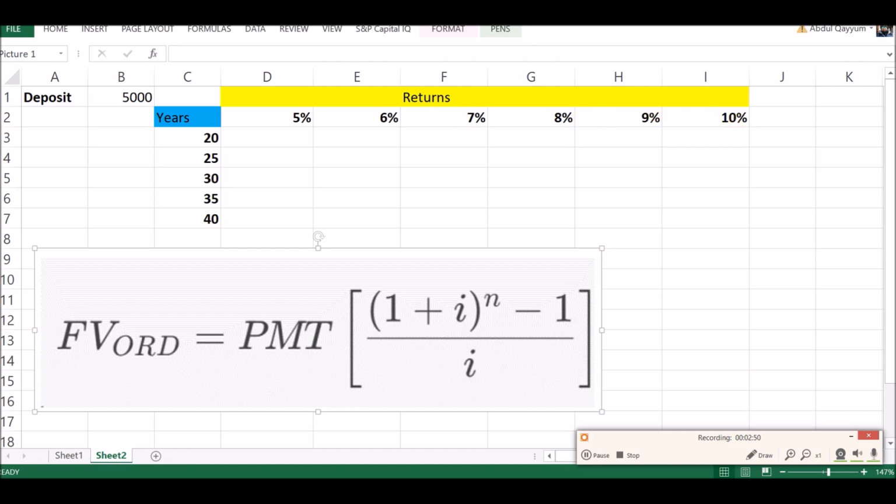And these are the number of periods n, where one period equals 1 year, so 20 years, 25, 30, 35, and 40 years, and then again divided by the interest rate. Here we will calculate these using Excel. Even if you use this formula, it will give you the same results. So let's try this out.